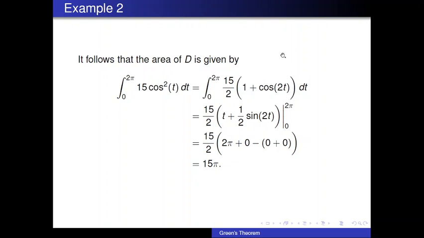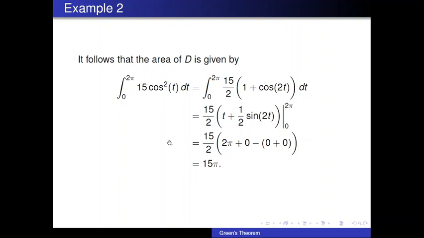And that becomes 15 over 2 times t plus 1/2 sine of 2t, which we can then evaluate at t equals 2 pi and t equals 0 and take the difference. Notice that sine of 4 pi is 0 and sine of 0 is also 0. So we're left here with just 15 over 2 times 2 pi, which is 15 pi.